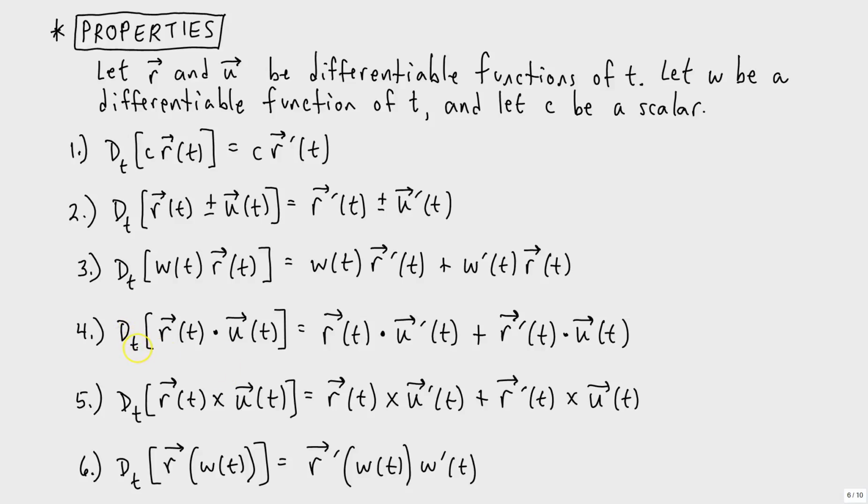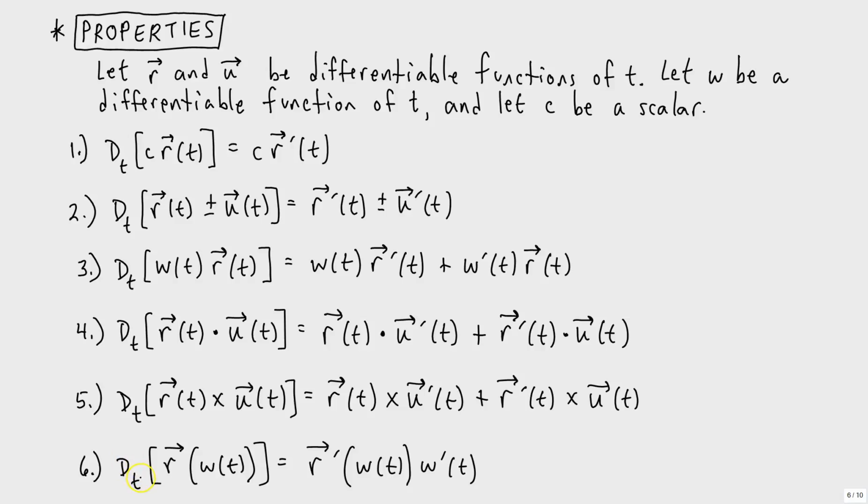What if you want the derivative with respect to t of the dot product of r and u? Well, then it would be r dot u prime plus r prime dot u. If you want the derivative with respect to t of the cross product, you would do the cross product of r and the derivative of u, and then add to that the cross product of r prime and u.